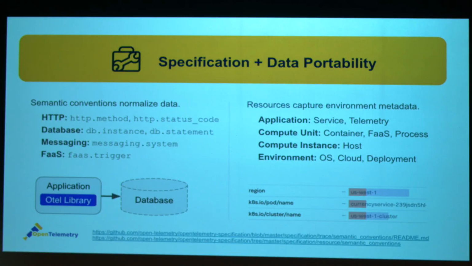This allows you to do problem isolation and get to root cause a lot faster. For example, I might be experiencing an error and getting a lot of error messages coming in, but if I can quickly identify, like in this example, that there's a single pod that is experiencing all of those issues, I've now isolated the problem and I can focus in on that area instead of looking at my entire environment to try to figure out what is going on.